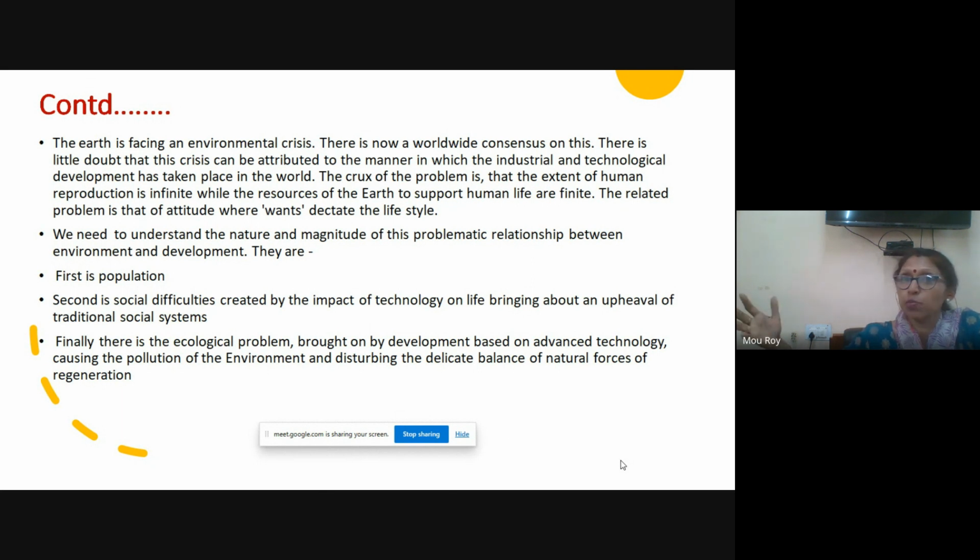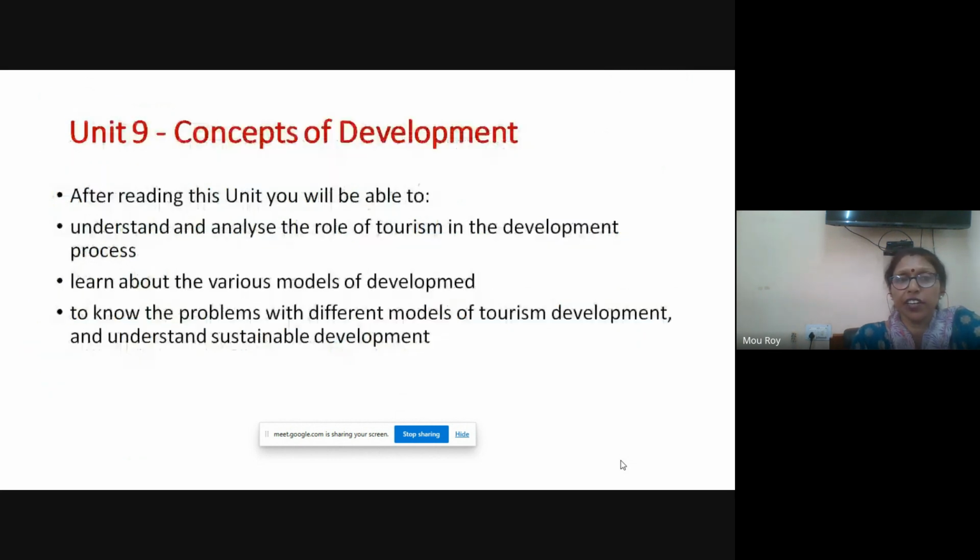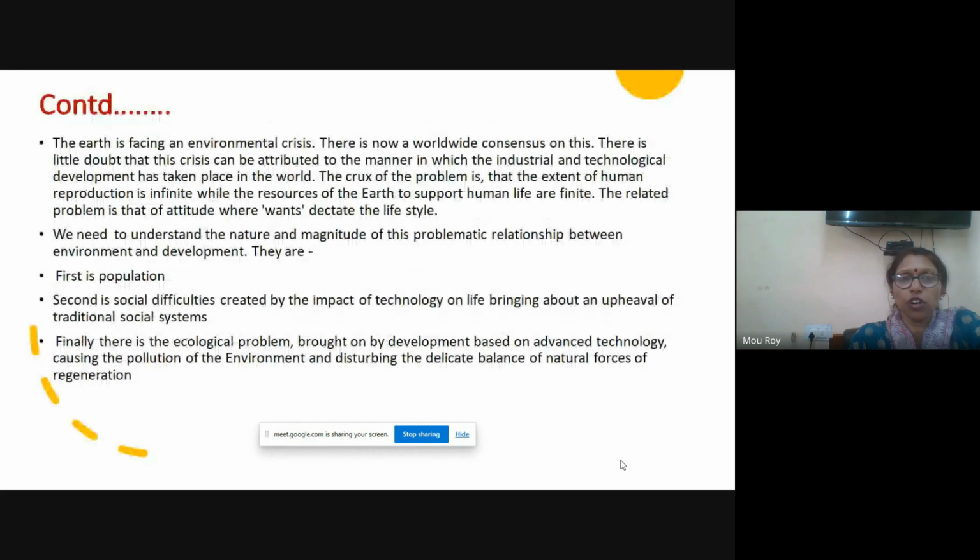Technology is taking us forward, but we are losing the traditional social systems. Finally, there is an ecological problem brought on by development based on advanced technology. As a result, it causes pollution to the environment and disturbs the delicate balance of natural forces of regeneration. So that was all about the environmental crisis.